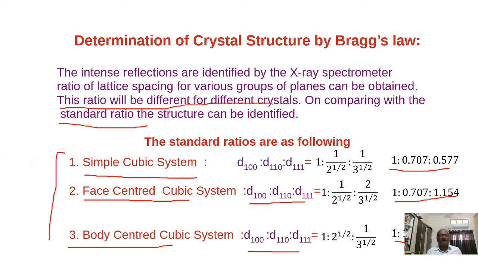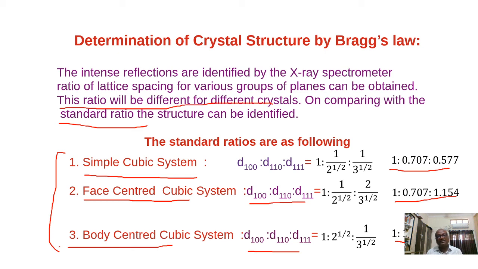For simple cubic, what is the standard ratio? That is the ratio between the interplanar distances. What are the interplanar distances we are observing? 100, 110, 111. So the ratio between these interplanar distances in case of simple cubic system, once again, 1 is to 0.707 is to 0.577.